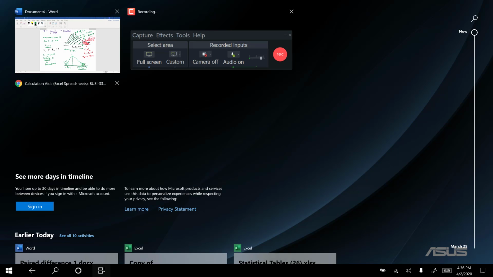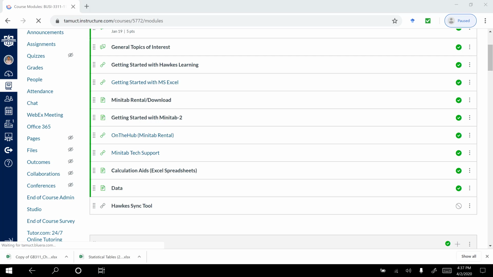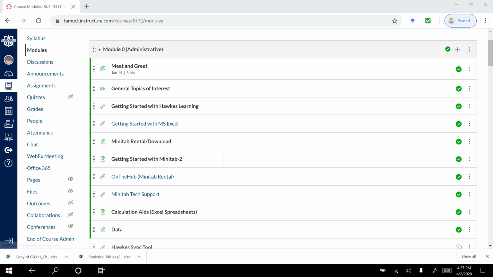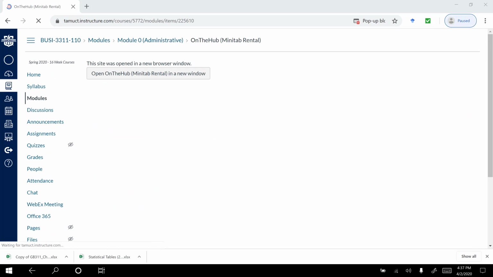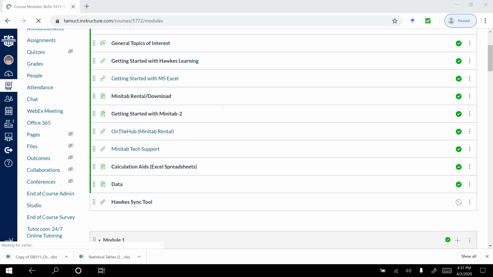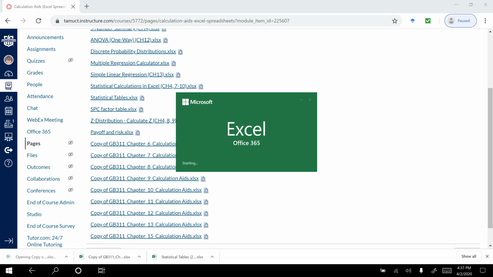I will go to our canvas page, go to modules, and then in module 0 go to calculation aids. Sorry, I think I'm doing this wrong. I go to calculation aids and chapter 11, then open this.